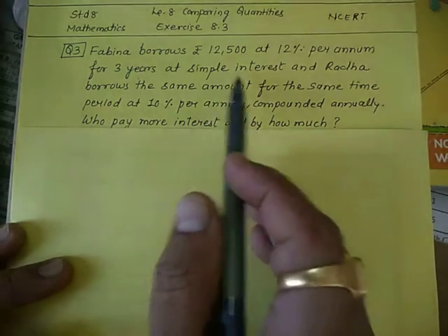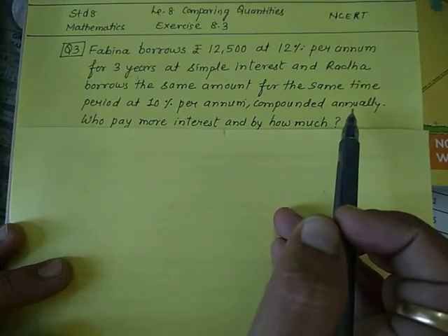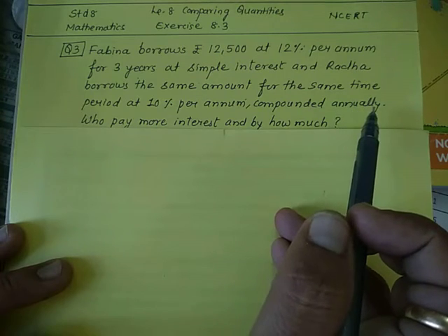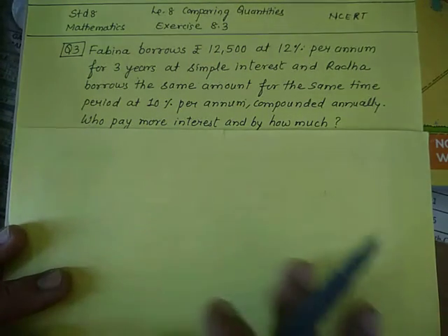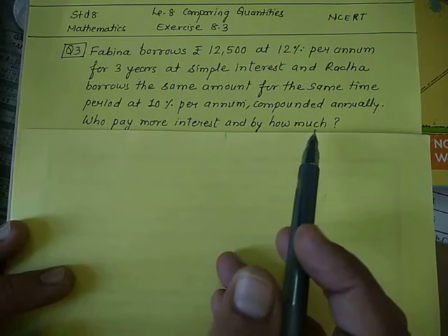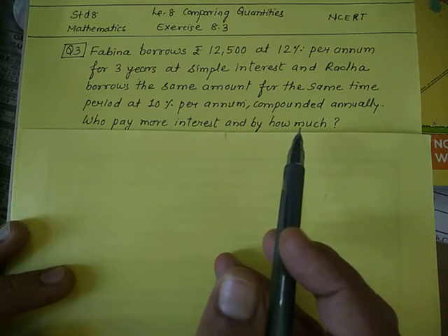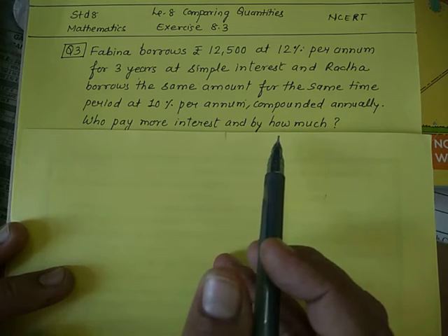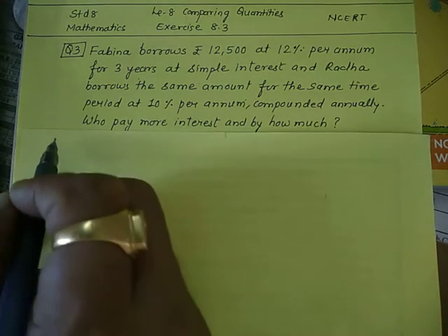So this one is simple interest and this is compound interest. Who pays more interest and by how much? So let us solve that also.